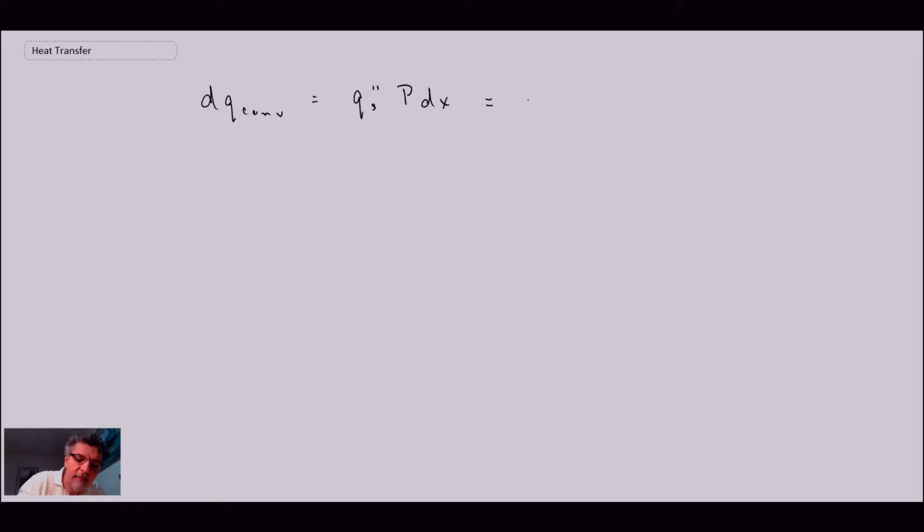And then that can be equated to m dot Cp dTm, the bulk or the mean temperature change with distance. And we're going to play with this equation beginning by rearranging.